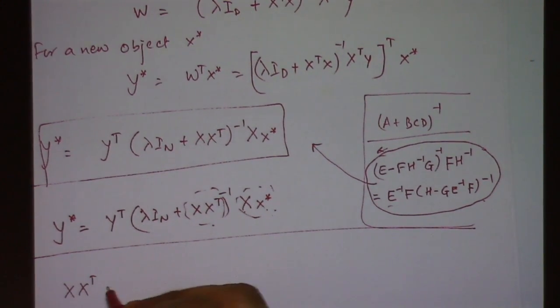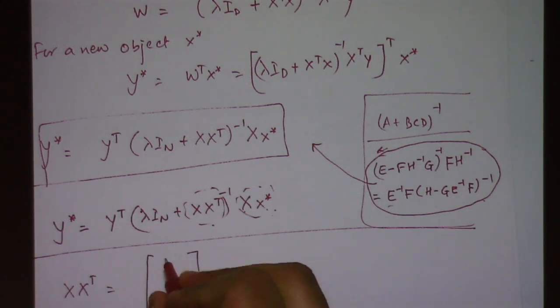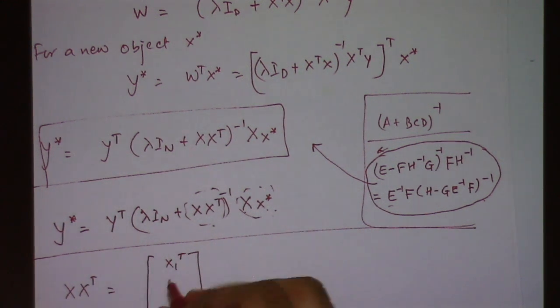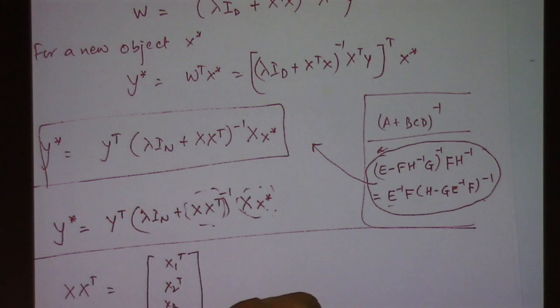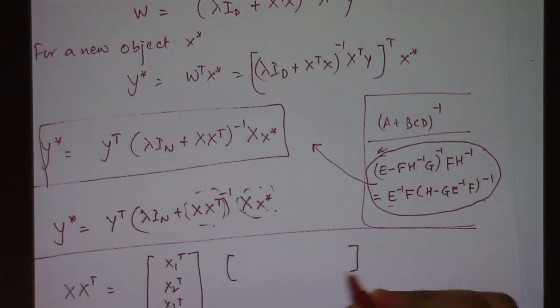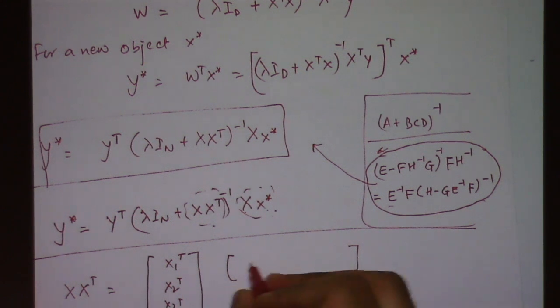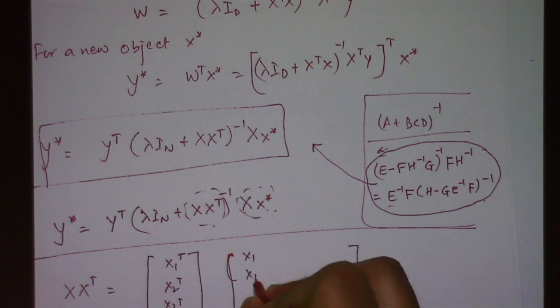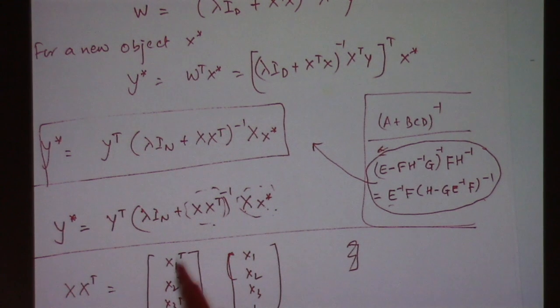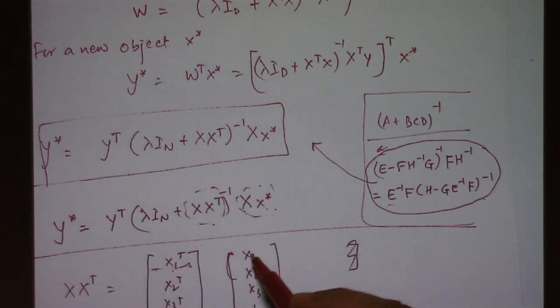So x is a matrix in which each row is x1 transpose, x2 transpose, x3 transpose, and so on. And then x transpose will be just the transpose of that, a matrix in which you have x1, x2, x3, and so on, where each one is a column vector.